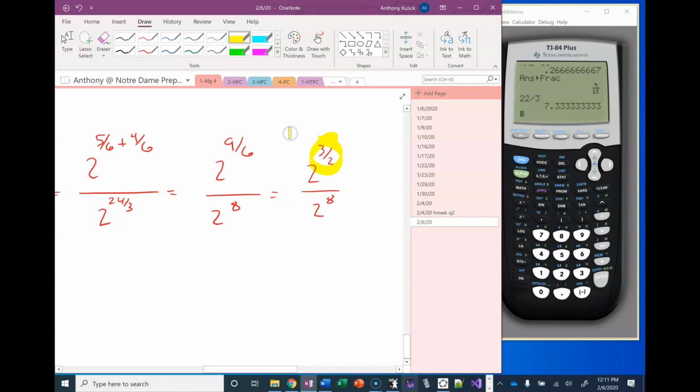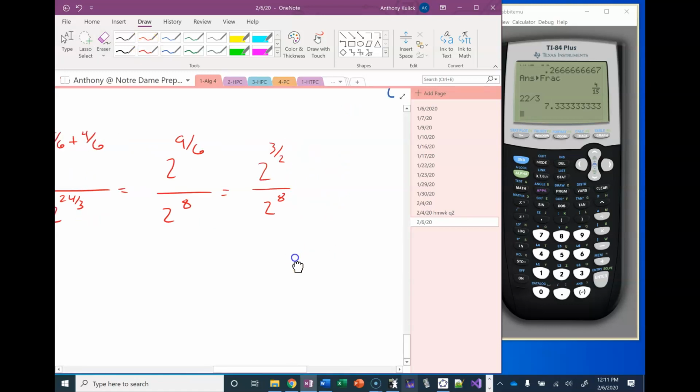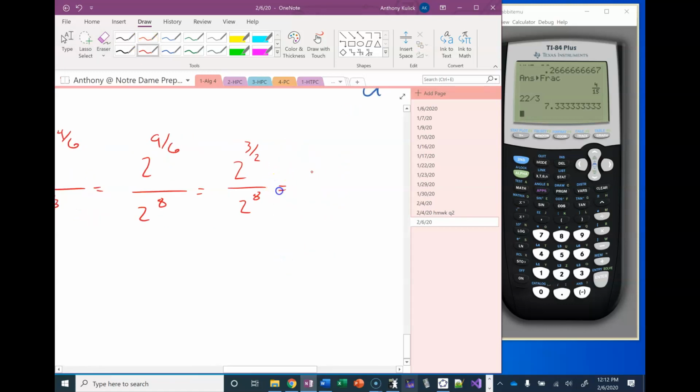And if I look here at the exponent, I have an improper fraction again, right? That's the same thing as having an unreduced radical. So just like we did in the previous example, I'm going to now rewrite that as a mixed number. 3/2 is the same thing as what? As a mixed number.